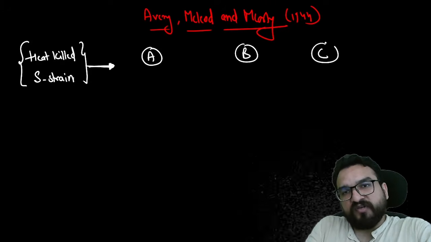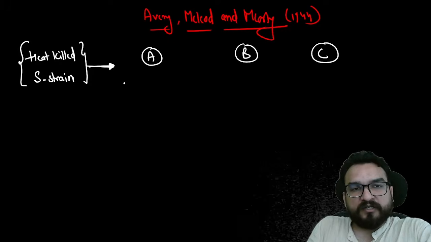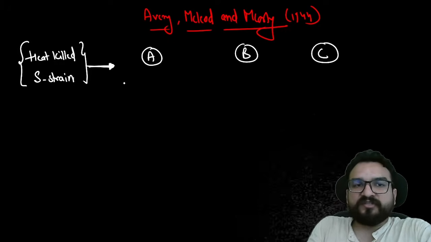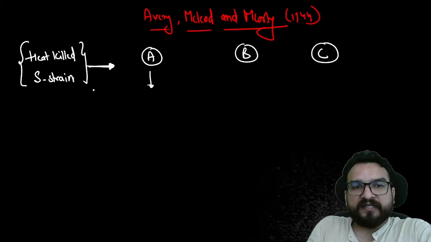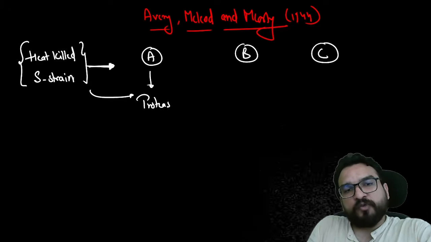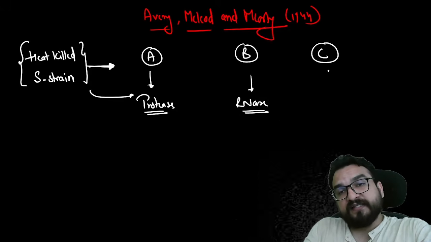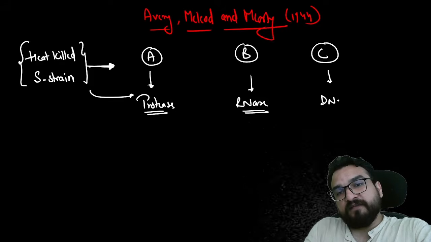In one of the cases, they will be taking this heat killed S strain bacteria and giving one enzyme known as protease. In the second case, they will be giving one enzyme known as RNase, and in the third case, one enzyme, DNase.